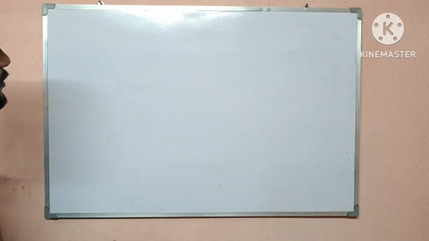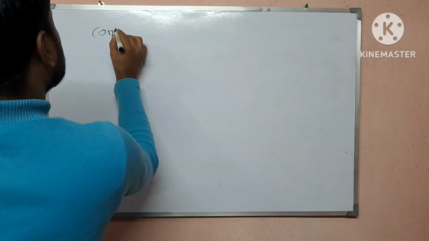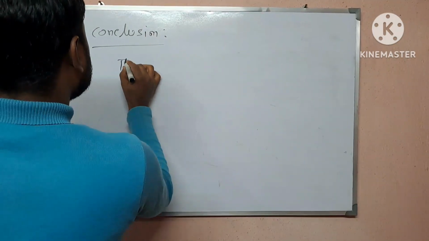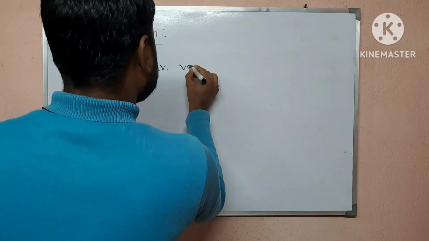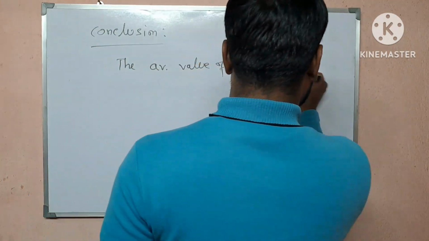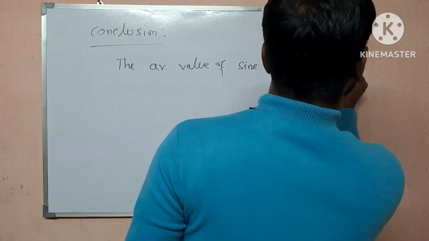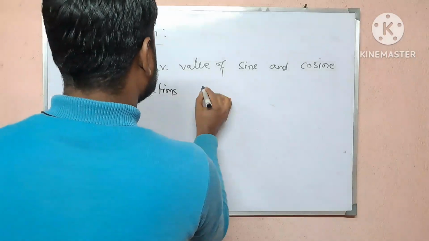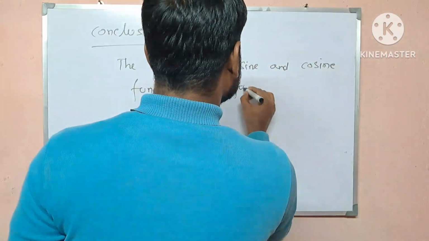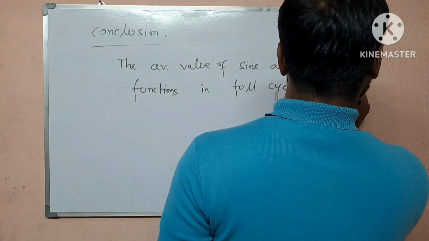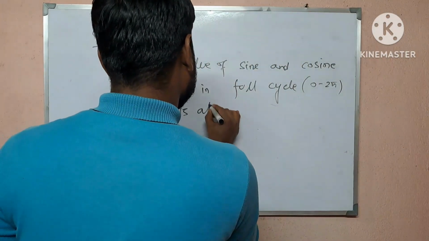So now in conclusion we can write that the average value of sine and cosine function in full cycle, that means 0 to 2 pi, is always 0.